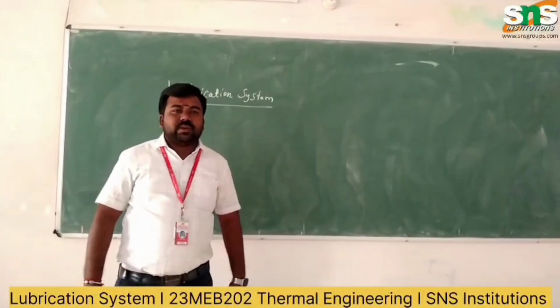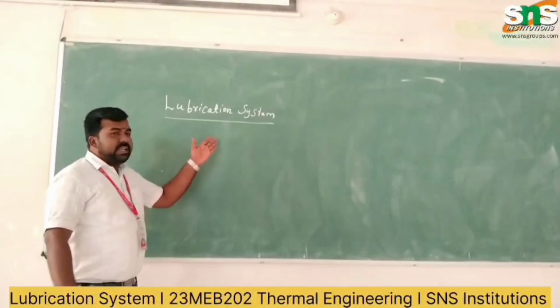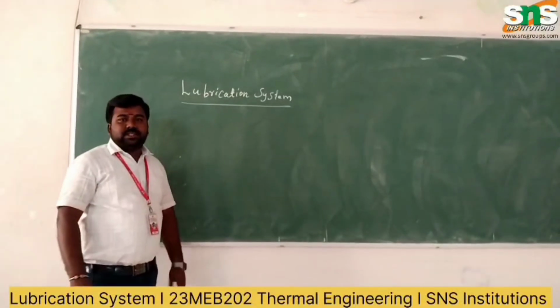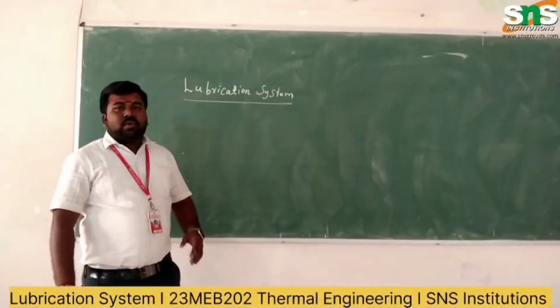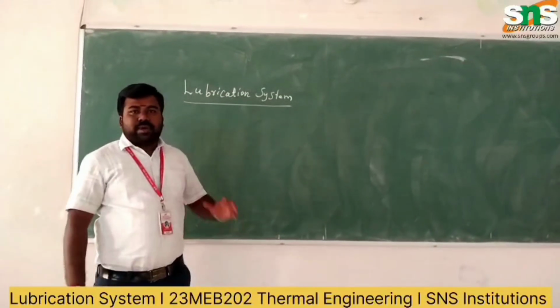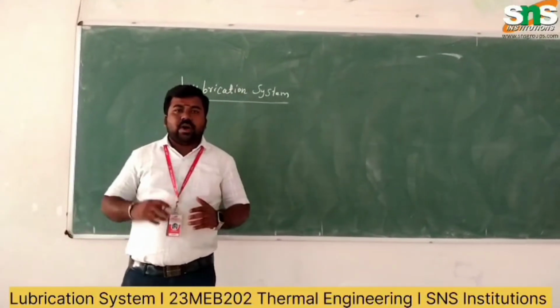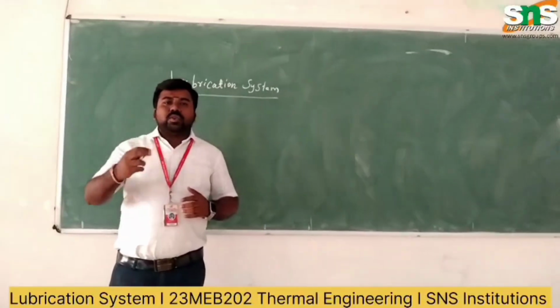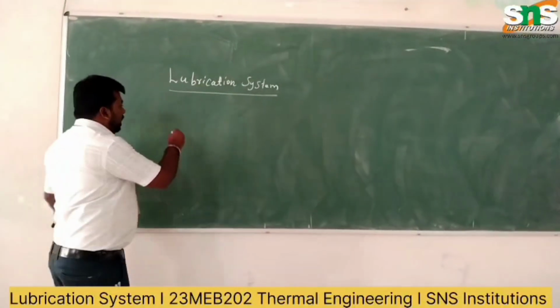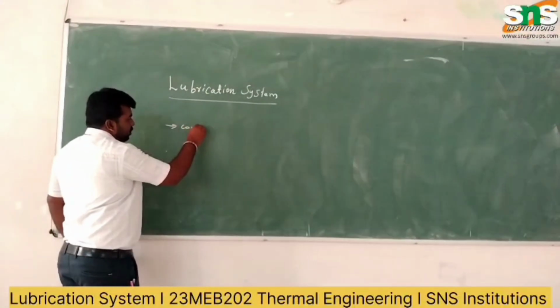In this lecture series, we are going to discuss the lubrication system of our IC engines. First, let us know what the lubrication process is. It is the process of applying the lubricant to the contact of moving parts.